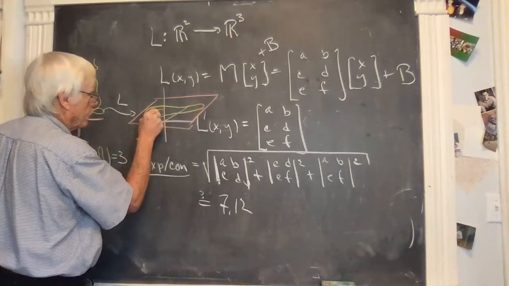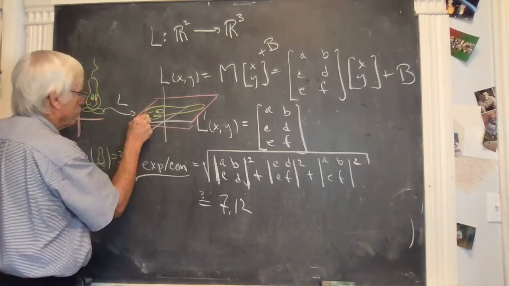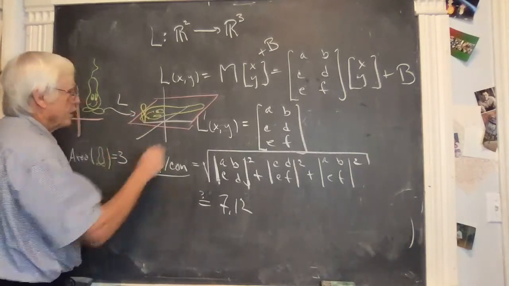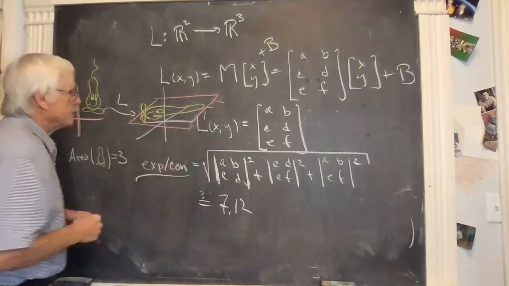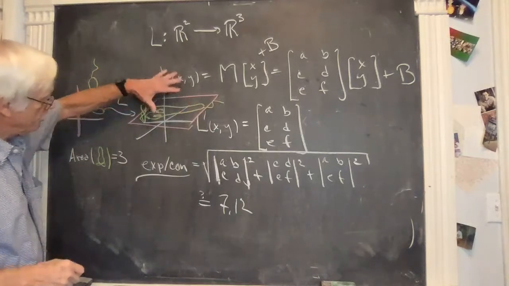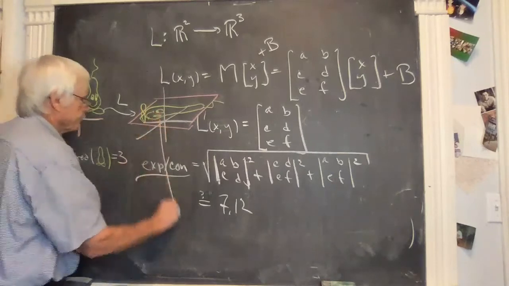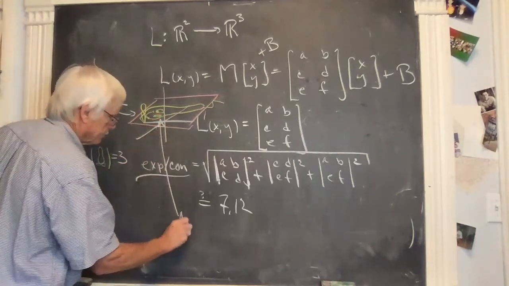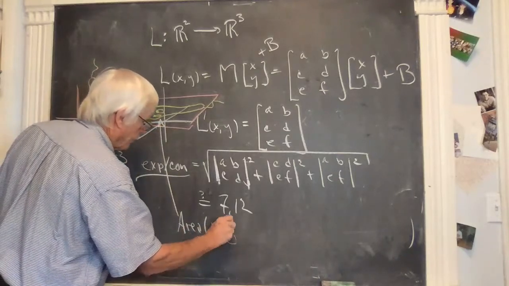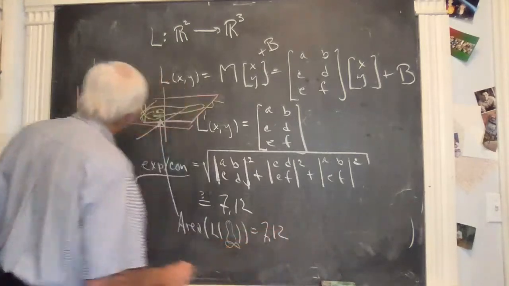He can be stretched out and distorted some. This is supposed to fit in the plane, but L transforms this guy. He stays in the plane, but he gets shifted. But if you take the area of L of shmoo, this will be 7.12 times this area.